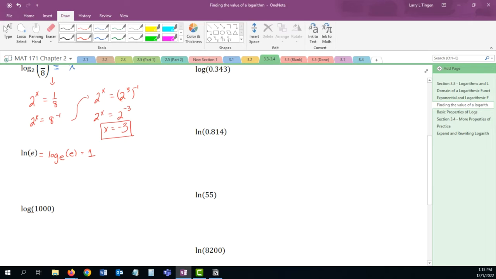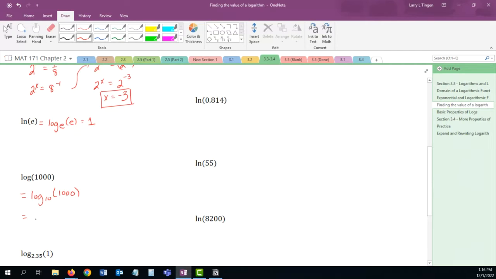Next rule, this is the common log. Remember, let me go under it and write that because that might be confusing. Because it's a common log, the base is 10. Getting the base and the argument related is always a great idea if you can.